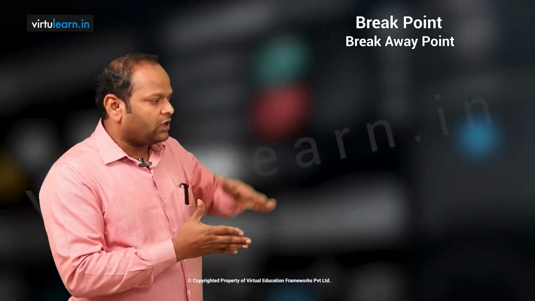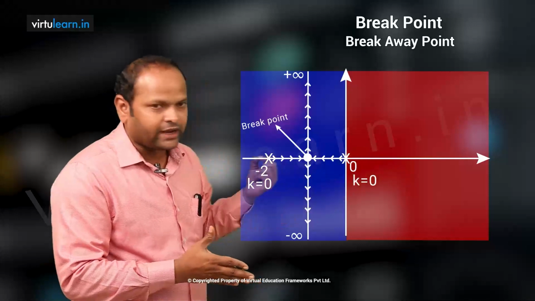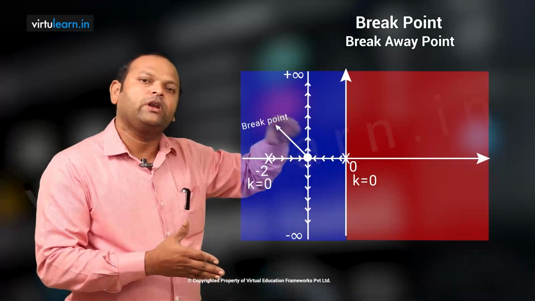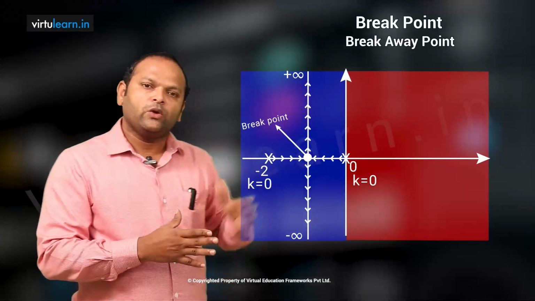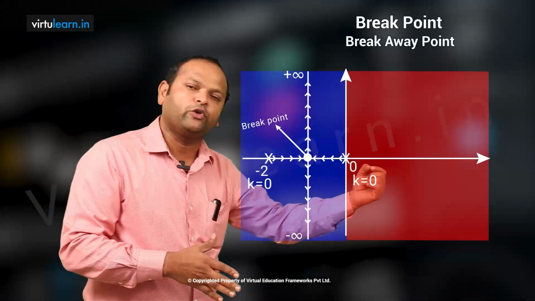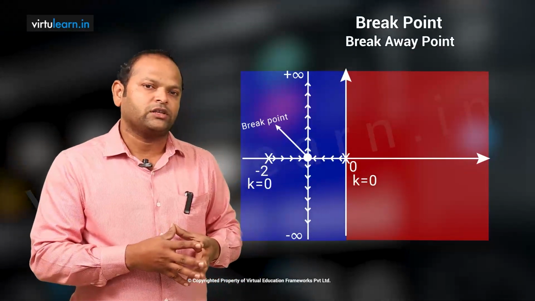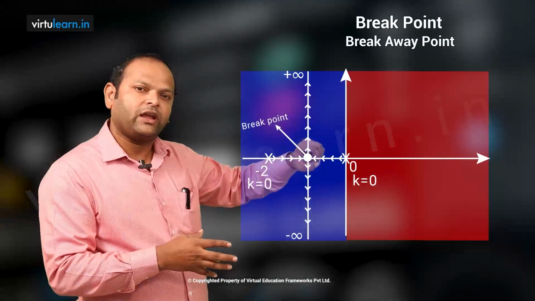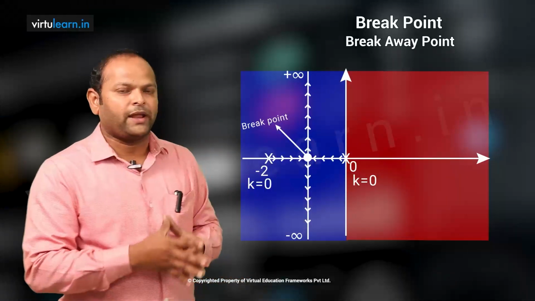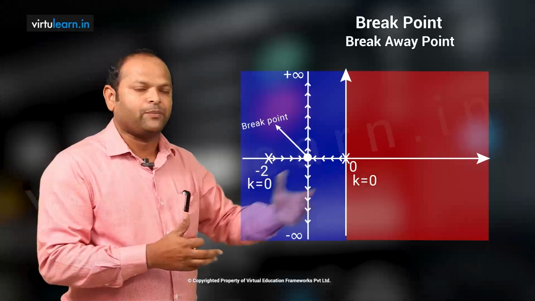If my root locus is on the real axis and you want to jump into the complex plane, you need a breakpoint. You cannot jump from the real axis to the complex plane if you don't have any breakaway point. So the breakaway point is the gateway to enter from the real axis to the complex plane.